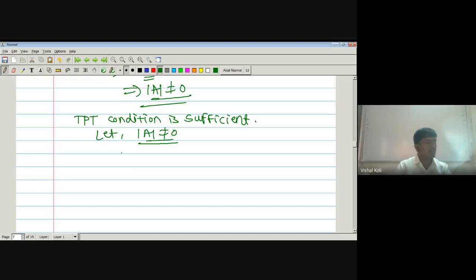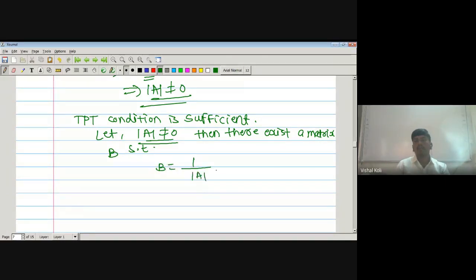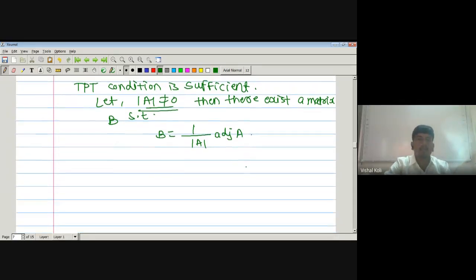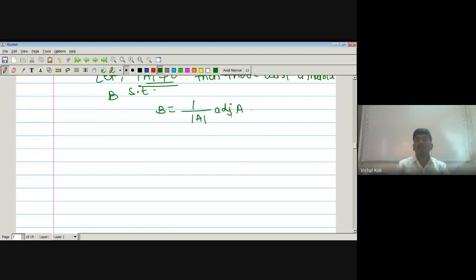Now as determinant of A is not equal to 0, there exists a matrix B such that B is nothing but 1 upon determinant of A into adjoint of A. That is, B is just the inverse of A. Now, B equal to 1 upon determinant of A into adjoint of A, just multiply by A. We get A into 1 upon determinant of A into adjoint of A.